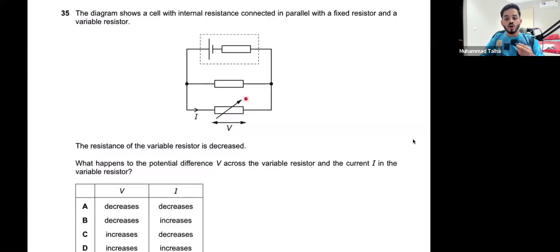So this is now a smaller fraction of the total resistance. So it's V across the variable resistor, right? Yes. So because it's a smaller fraction of the total resistance, the voltage across that also goes down. So V definitely decreases. And because resistance has gone down, current would increase. So current in the variable resistor is also going to increase. So that's B.